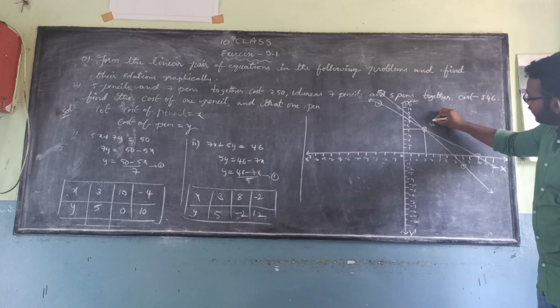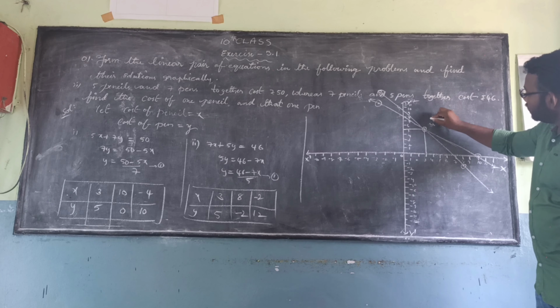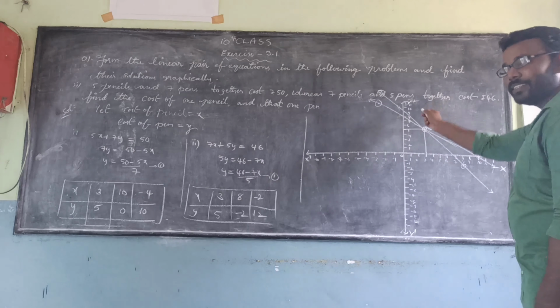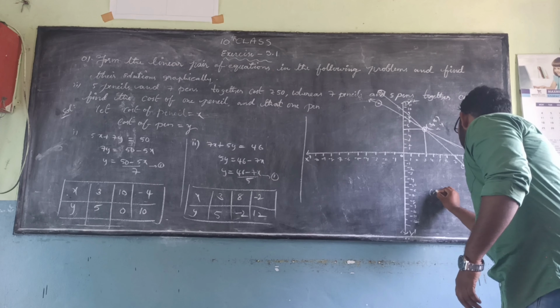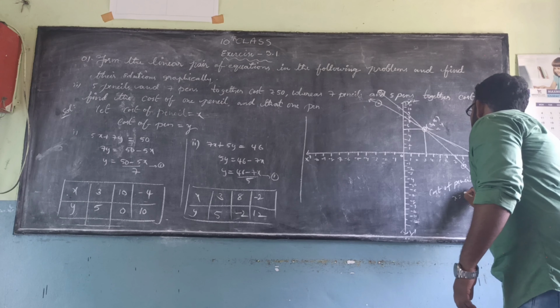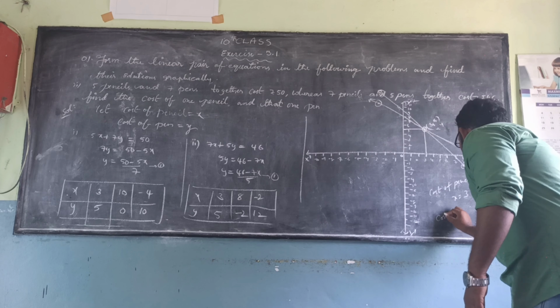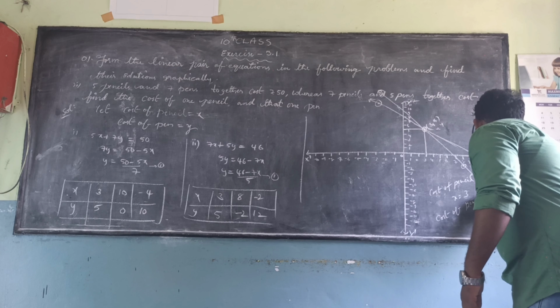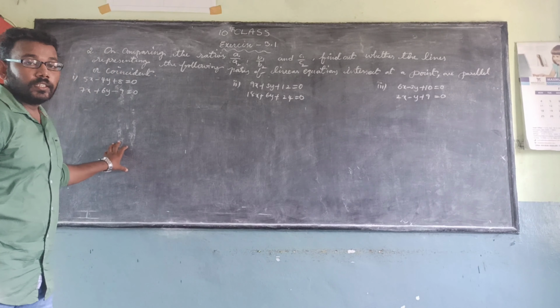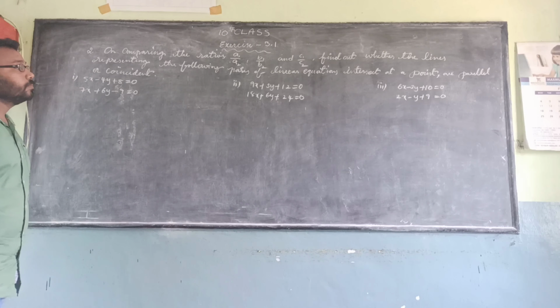The point is (3, 5). So this is x, this is y. Here x is nothing but the cost of the pencil, x is equal to 3, and the cost of the pen, y is equal to 5. That's it.